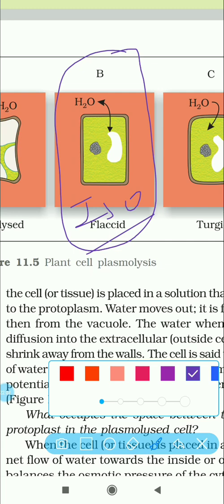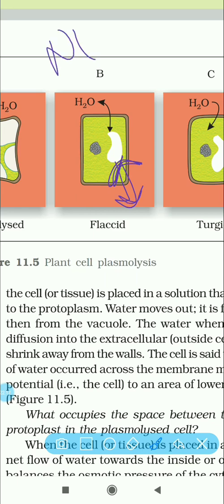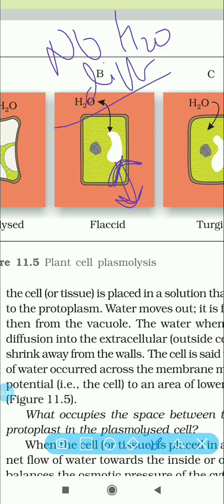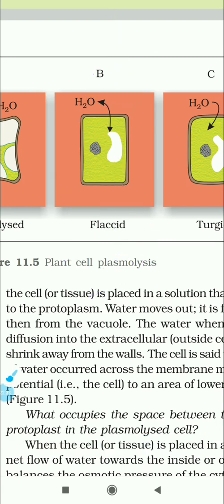In the case of the isotonic solution, both inside and outside have a similar concentration, so there is no H2O diffusion or movement, and that is what maintains the cell in its as-is condition, termed the flaccid cell. So it is for isotonic.